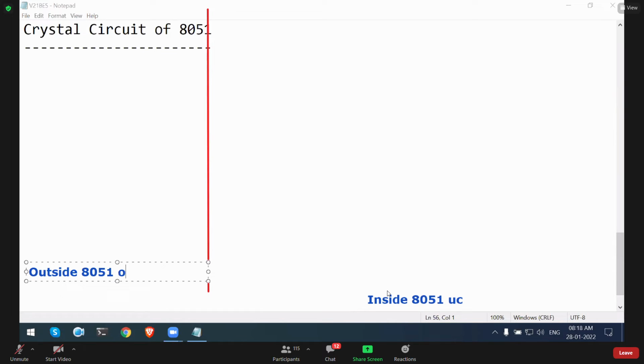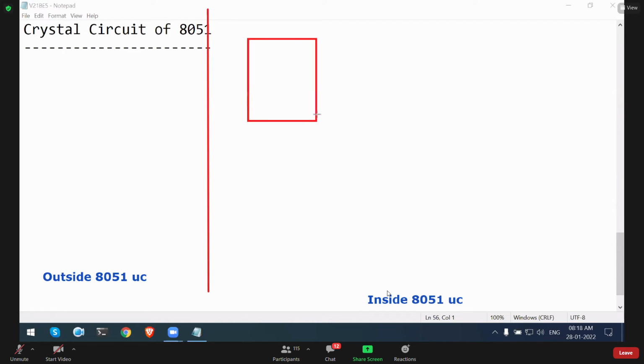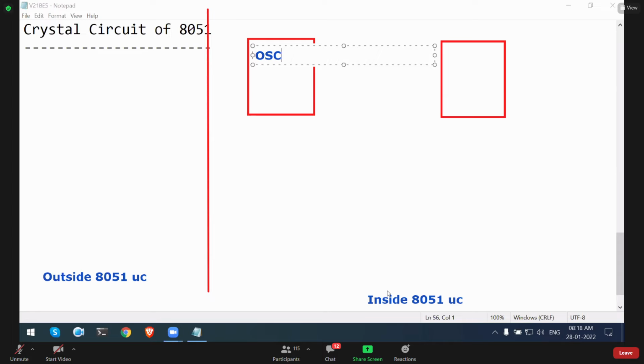Inside the 8051 microcontroller, you will have something called a clock generator, and after that, you will have the CPU. We call it an inbuilt oscillator, but directly I'll write clock generator. You will have a clock generator inside the 8051.